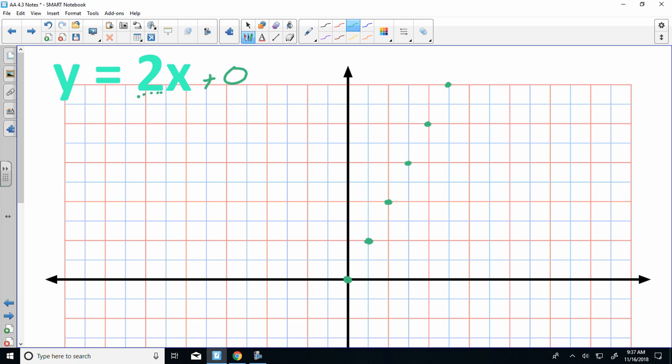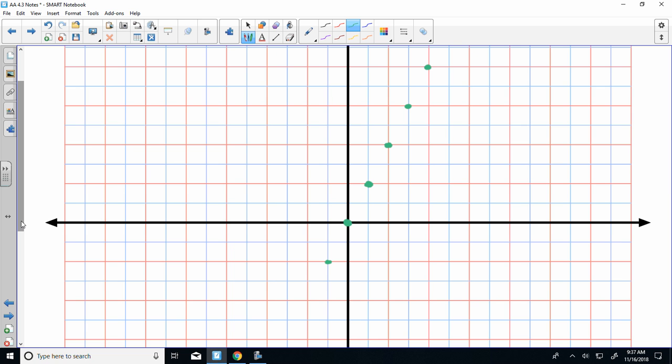And then you can also go down 2 and to the left 1, and down 2 and to the left 1. And so now we have this line. This point here is at the origin, it's 0, 0.